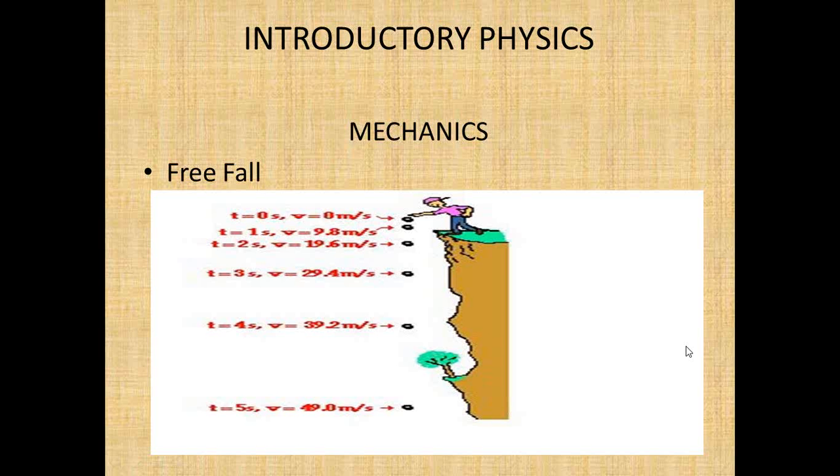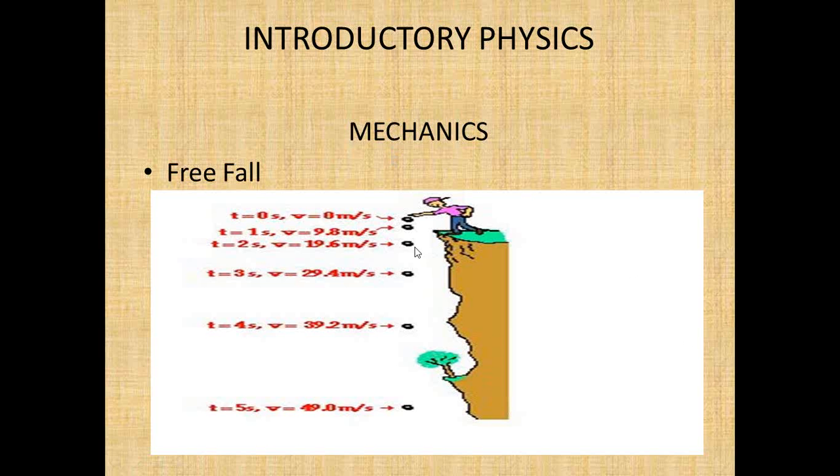But for simplicity, if something is dropped from some height, then it's going to be under the influence of gravity, and that is an example of free fall.